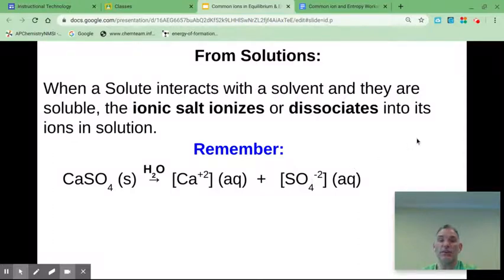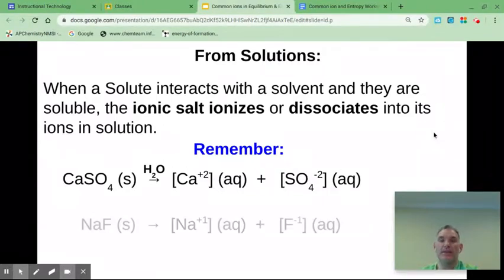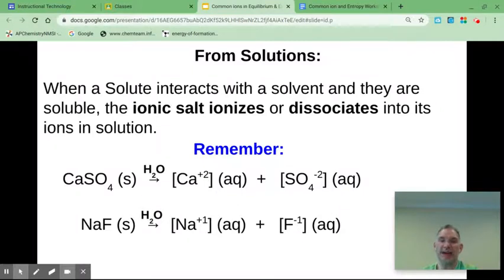Again, this is very important because if I add this to a reaction at equilibrium, it's these ions that are going to affect the equilibrium. Solids do not. Another example: we have here some sodium fluoride, which is ionic. Place it in water, and it's going to ionize into our Na plus and F minus ions. So we have to understand how this works to apply it to our equilibrium charts.